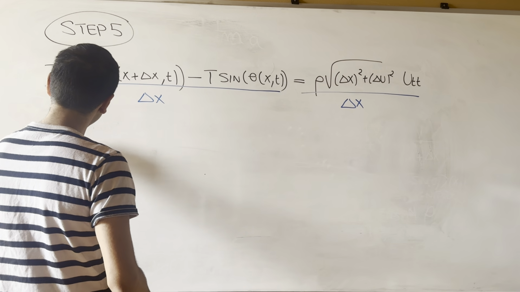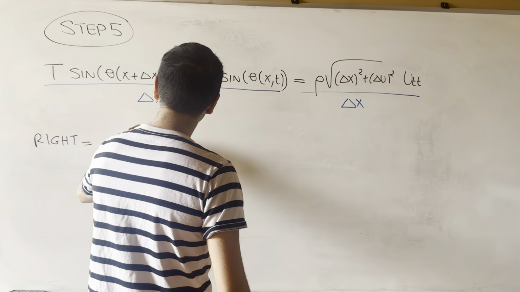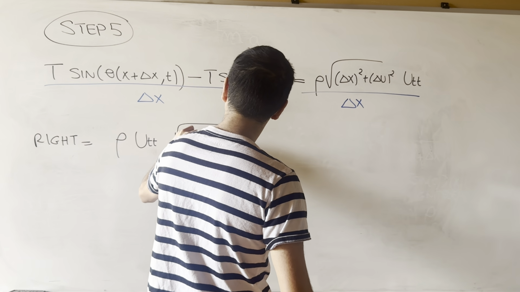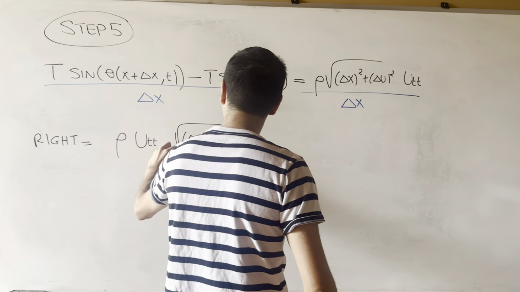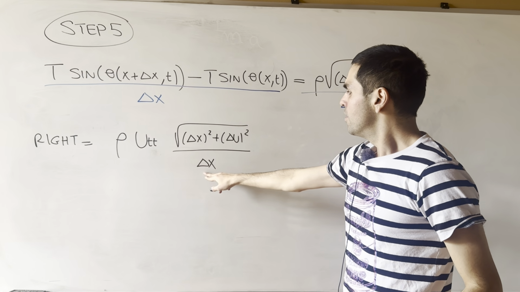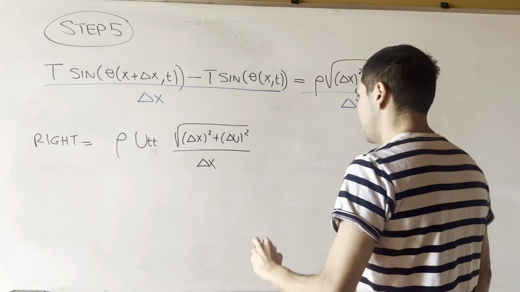So the right, well, notice it's rho u_tt times that square root term. So delta x squared plus delta u squared over delta x. But again, delta x is the square root of delta x squared.